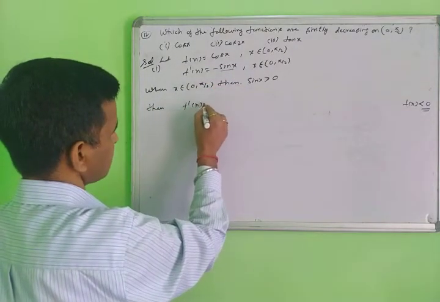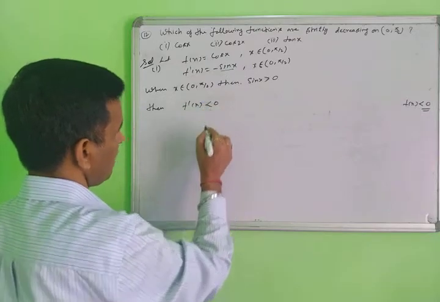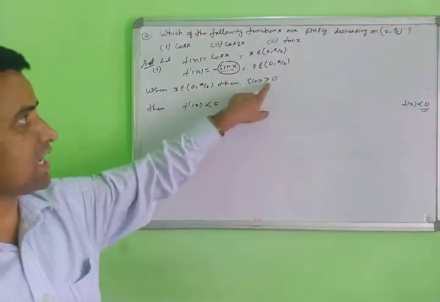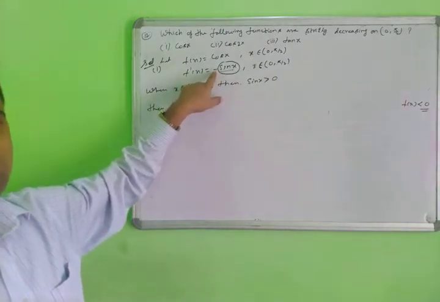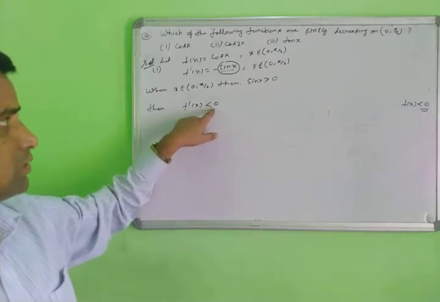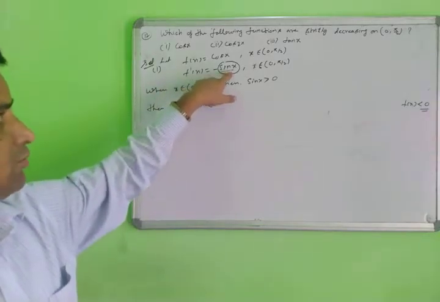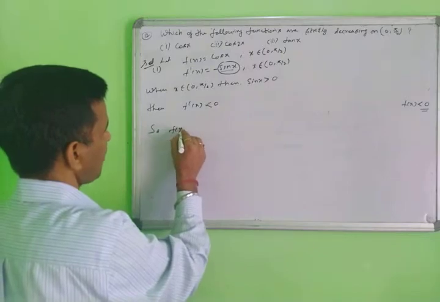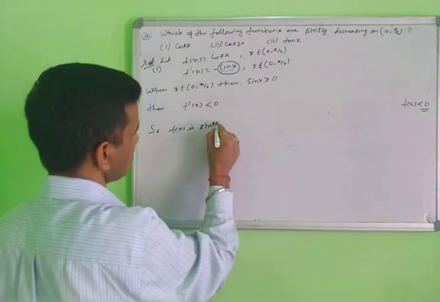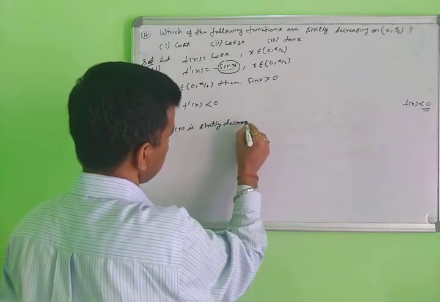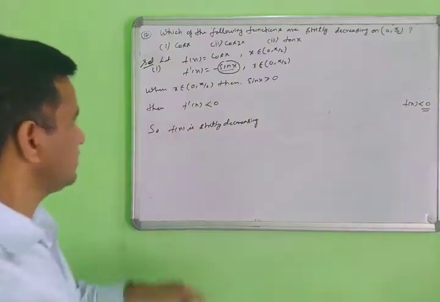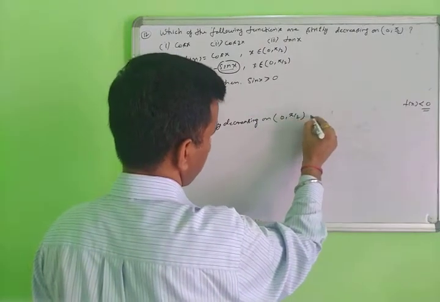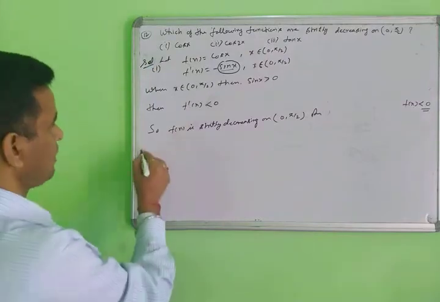Then f dash x will be less than 0, because sin x is positive and the negative sign makes it negative. So f dash x is less than 0, and f x is strictly decreasing on the open interval 0 to pi by 2. This is the first answer.